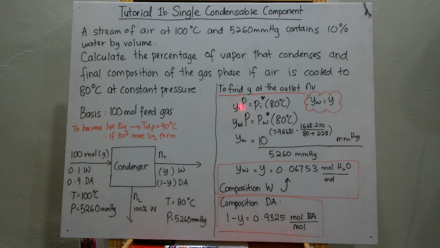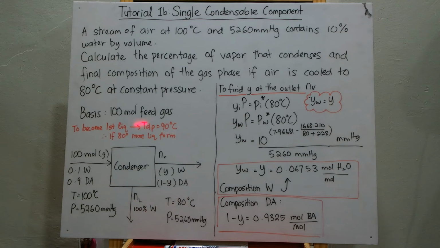Using this equation, we can find the mole fraction of water here, because we know the temperature of the system at the outlet is 80 degrees C with pressure 5260.